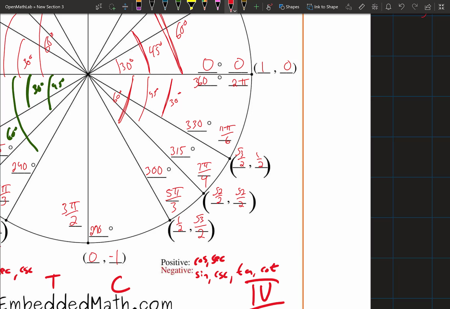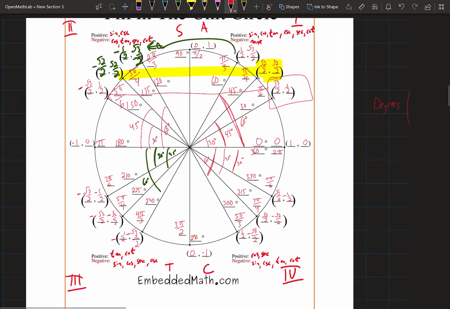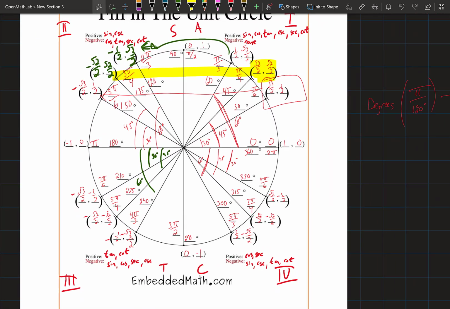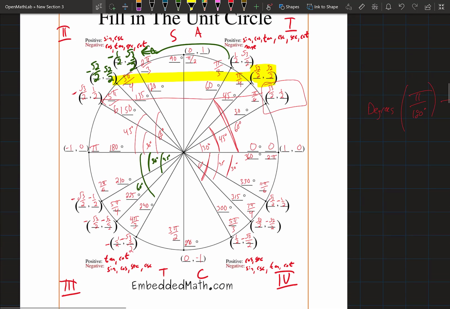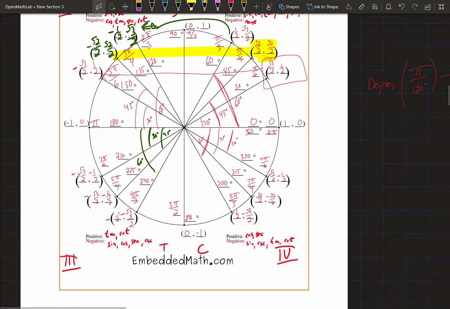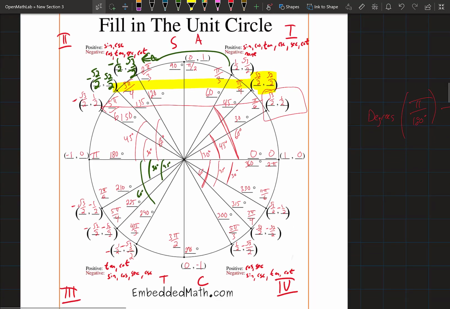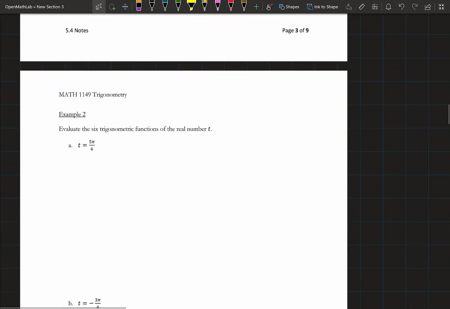So in the fourth quadrant, the x values would be positive, but the y coordinates are negative, so I just need to put a negative sign in front of the y coordinates. And then I have finally filled in this unit circle. So this unit circle will come in handy as a reference tool in this class. You may have heard of the unit circle before, and that's what we use in trig.